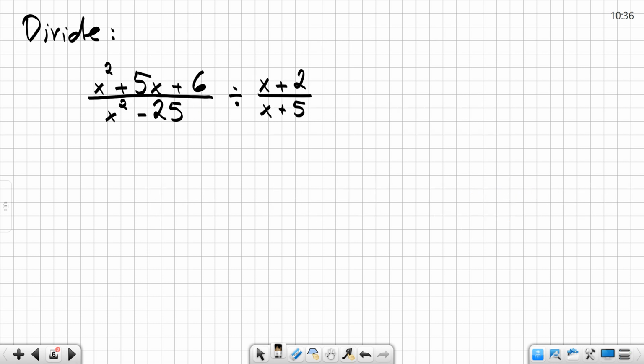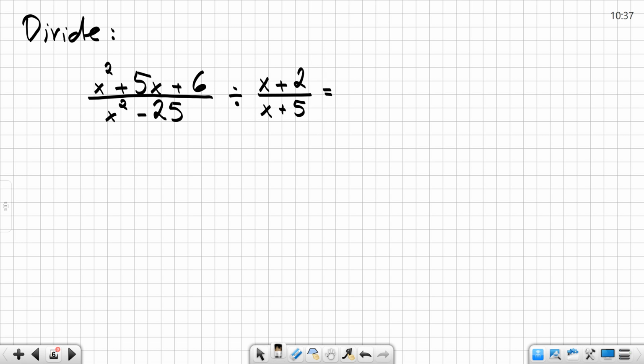Let's do this with rational expressions. So if I have the following problem right here, and I'm supposed to divide, then what I'm going to do, I'm going to rewrite this problem, and I'm going to take this one and write it upside down. In other words, well, I cannot really do this with my little tool right here. I'm going to flip it upside down, so to speak.